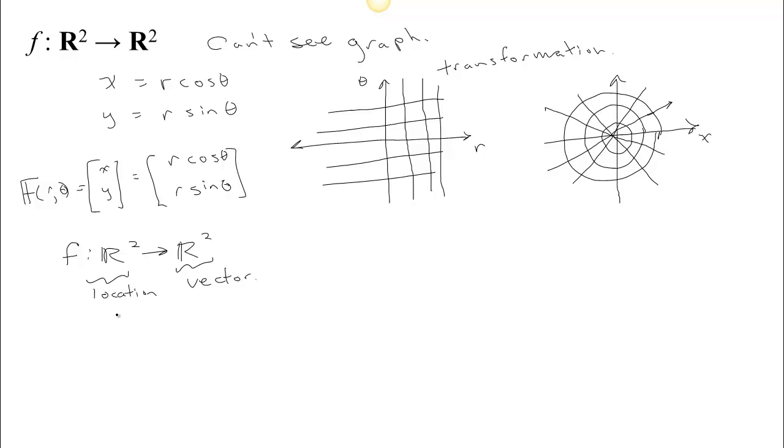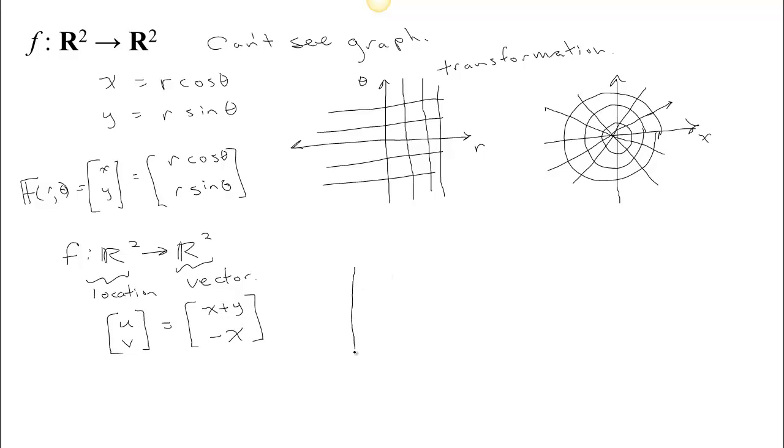Let our output be a vector. Let me just call it u and v, and our inputs are going to be our location x and y. So maybe we have this vector field. We have x plus y and minus x as our 2 functions.